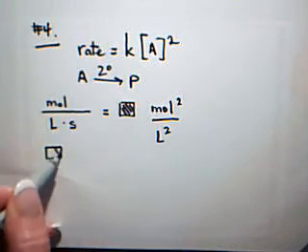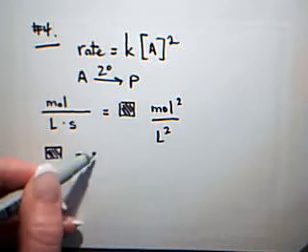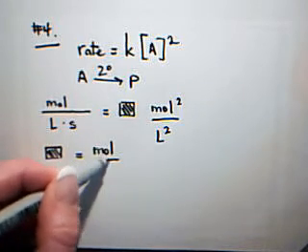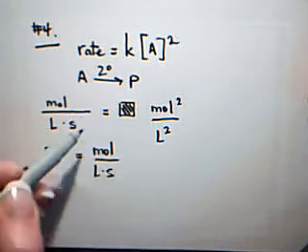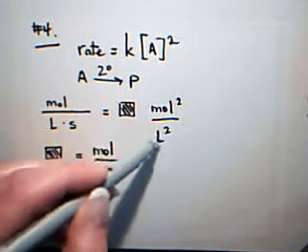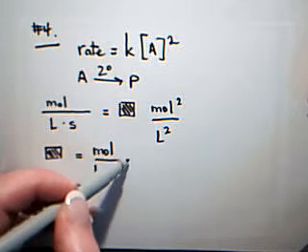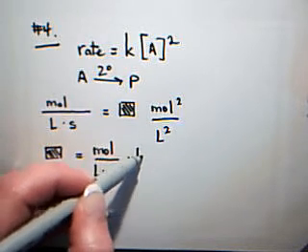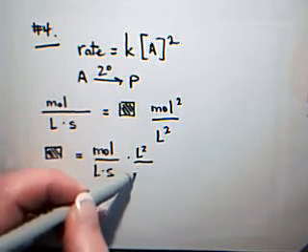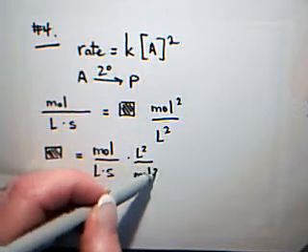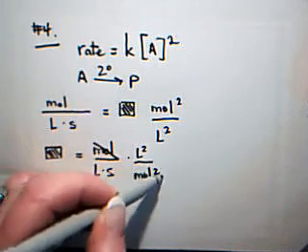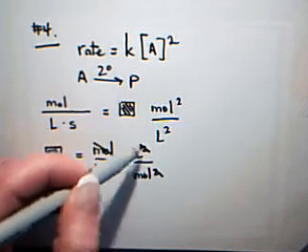And then isolating for my unknown units, I have moles per liter per second, and that would be divided by moles squared per liter squared. And so that's the same thing as multiplying by the reciprocal, liters squared over moles squared. Cancel, cancel, cancel, cancel.